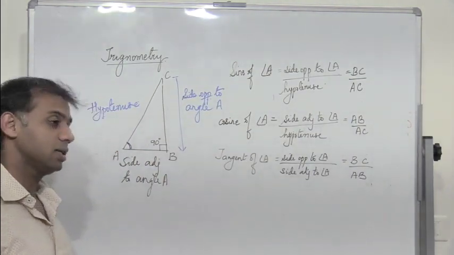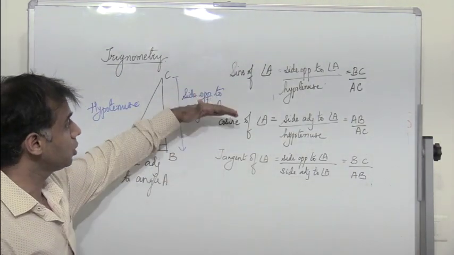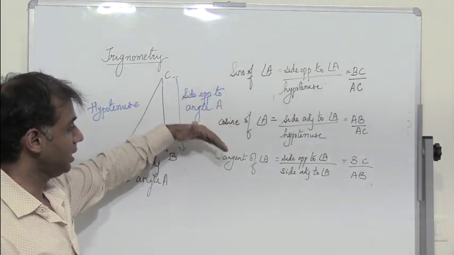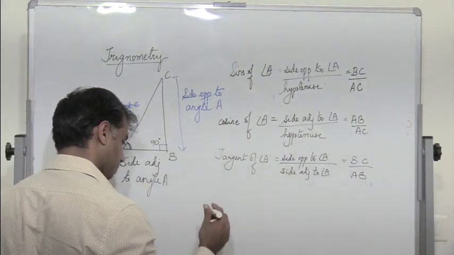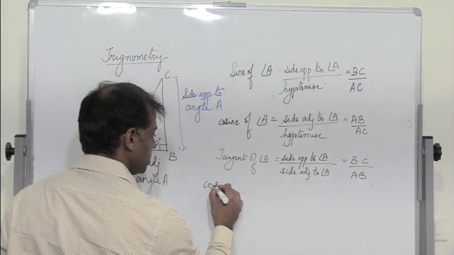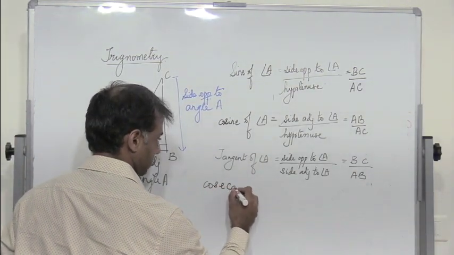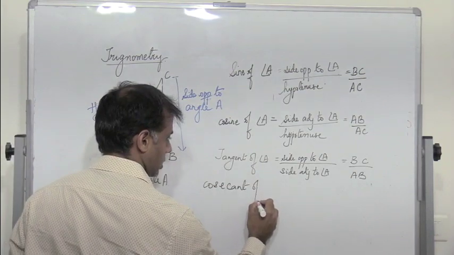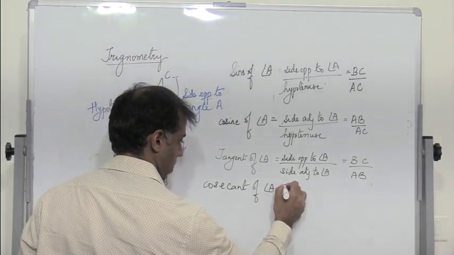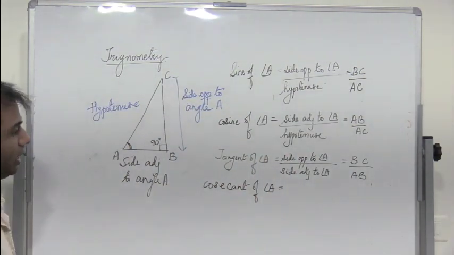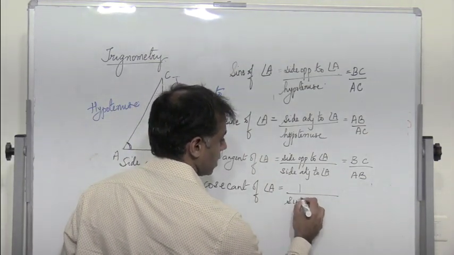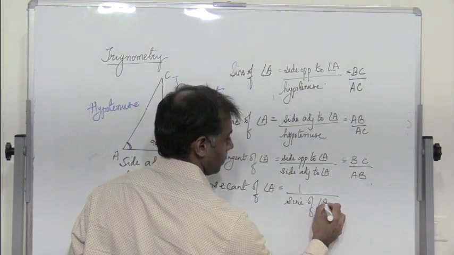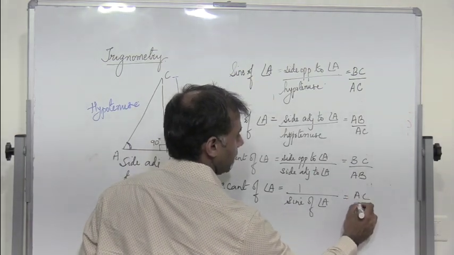So now we have three other relations which are reciprocals of sine, cosine and tangent. What are they? I have cosecant of angle A, which is 1 by sine of angle A. That's going to be AC by BC.